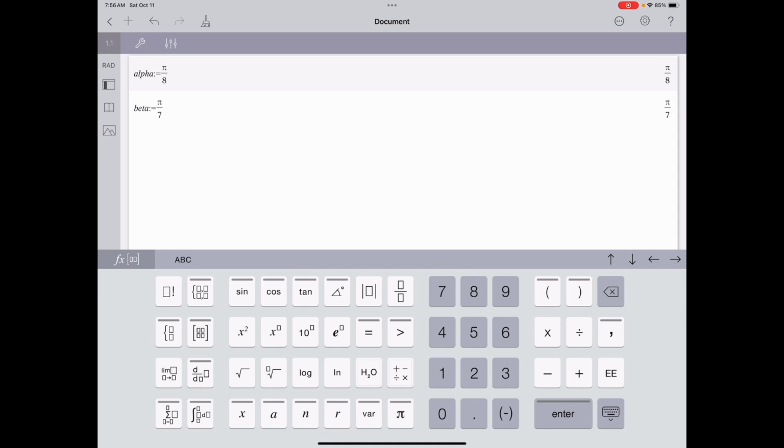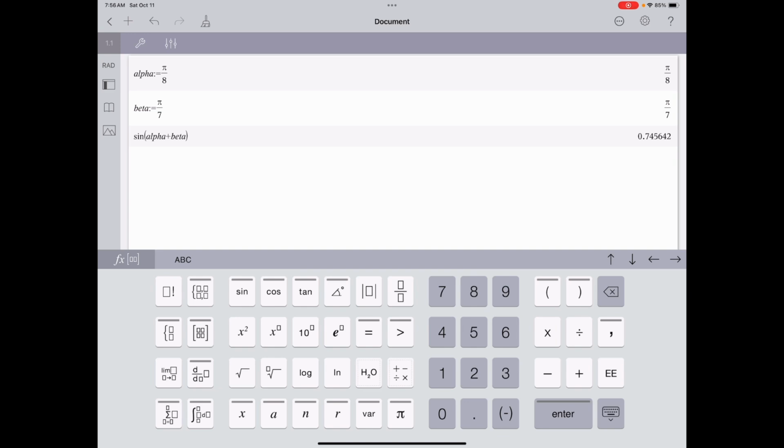Now we're going to ask the question, what is sine of alpha plus beta? And we're going to ask for this in approximate or numerical format with a little curly equal sign. And we see it equals 0.745642.